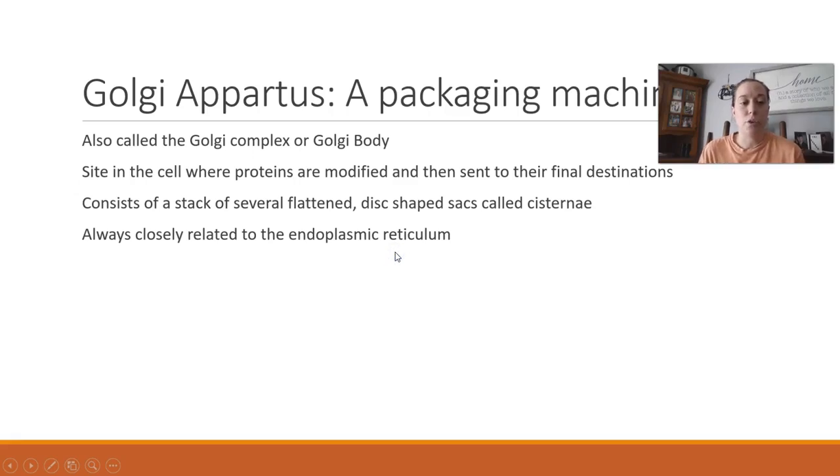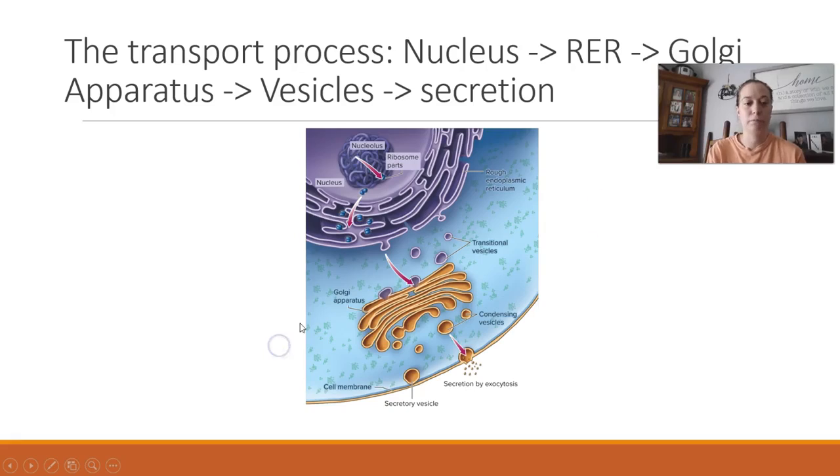All right, on to the Golgi apparatus. It packages and ships proteins. It's also called the Golgi complex or the Golgi body. It's the site in the cell where proteins are modified and then sent to their final destinations. It consists of a stack of several flattened disc-shaped sacs called cisternae, and it's always closely related to the endoplasmic reticulum.